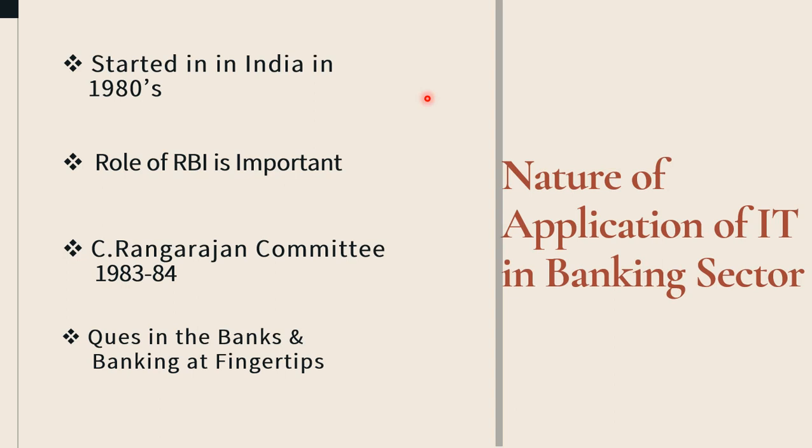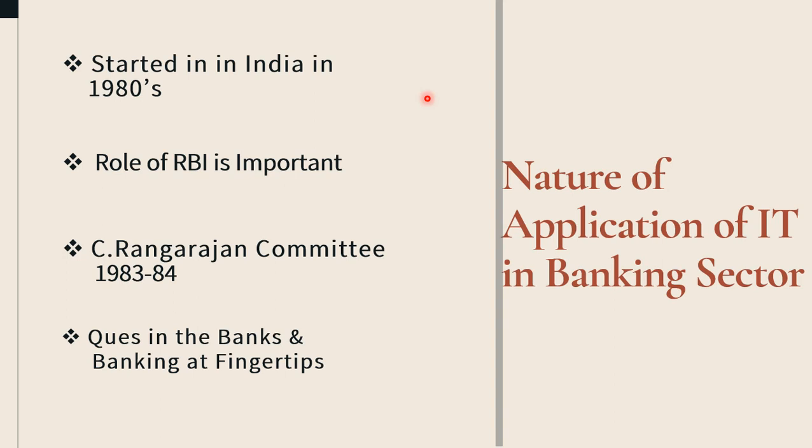One bank branch is connected with all other bank branches. The head offices of the different banks are interconnected. This interconnection happened due to the utilization of internet connectivity, and due to it we can avail all these facilities.